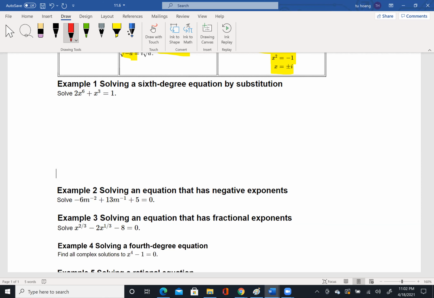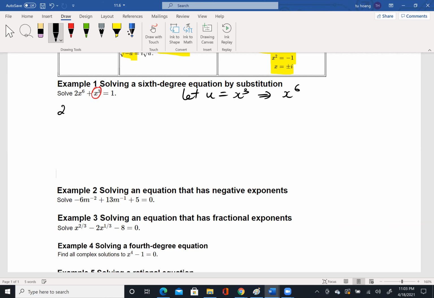Usually, you just set the lower one to be u. So let u equal x^3, and then I'm going to substitute.